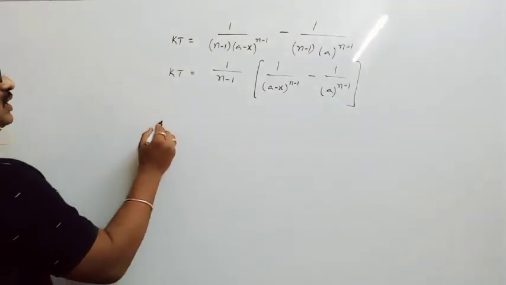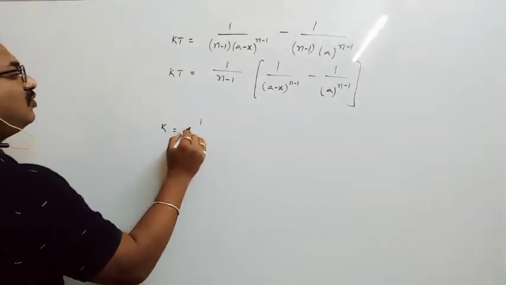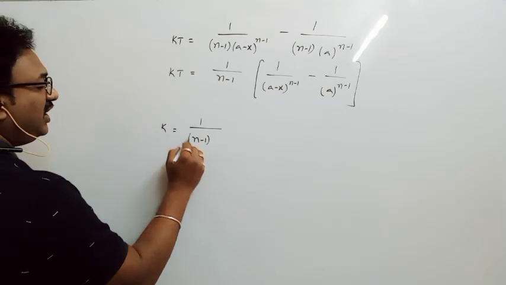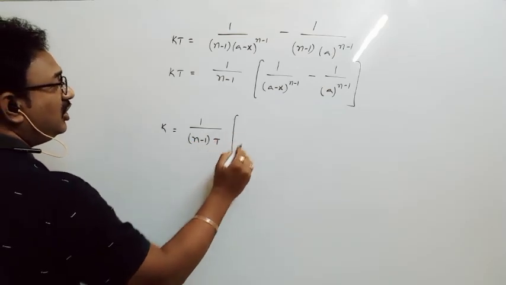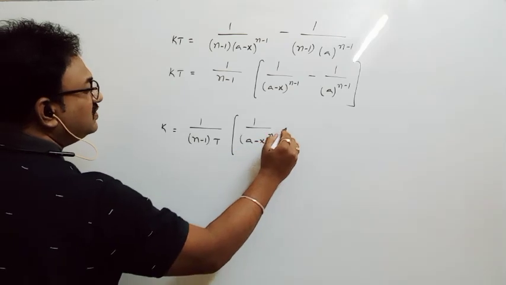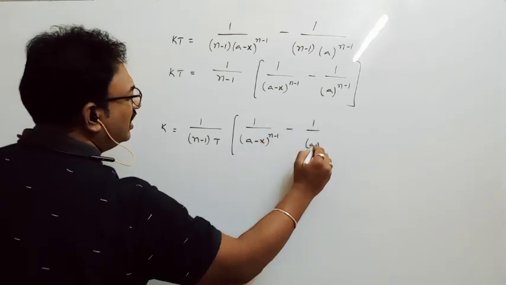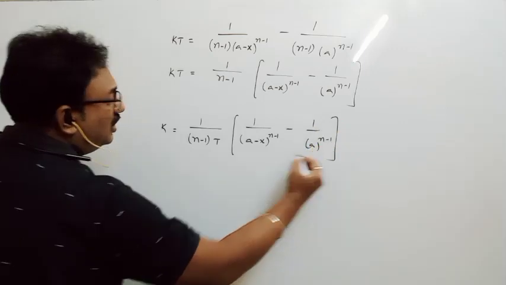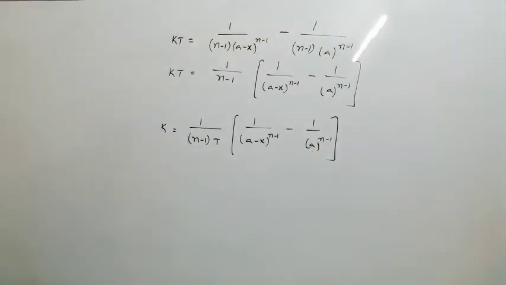Now, k is equal to 1 by (n minus 1) into t, into [1 by (a minus x) power (n minus 1) minus 1 by a power (n minus 1)]. Now that's it. It is the expression for nth order reaction.